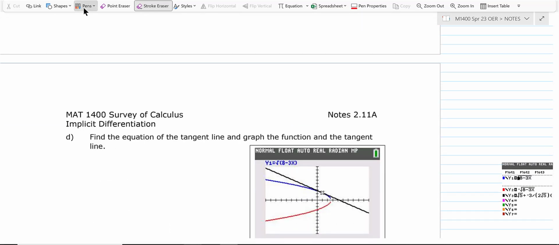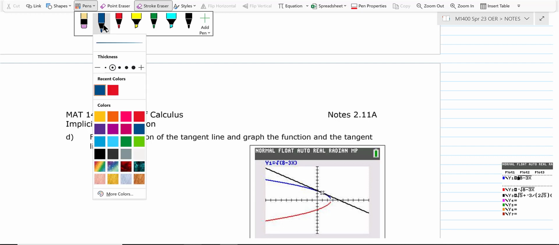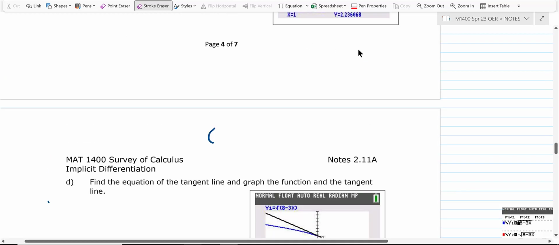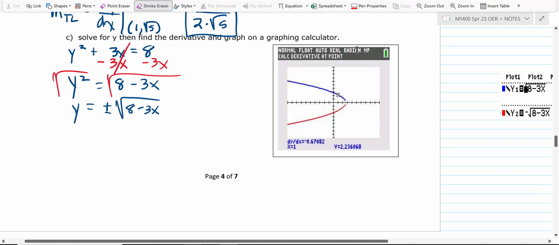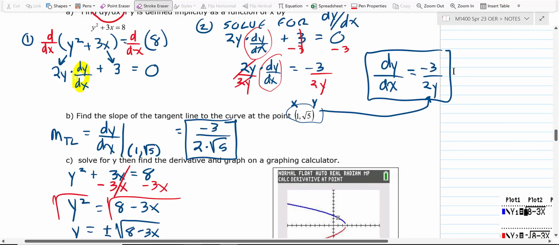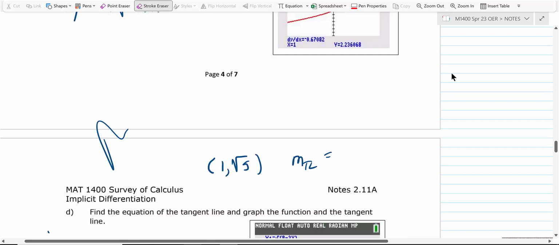Okay, let's go to the next page then, and I'm going to write down, we had two things. The point that I gave you in the problem was (1, square root of 5), and then the slope of the tangent line, we got that. That was -3 over 2 root 5.